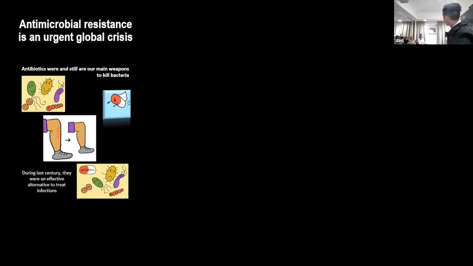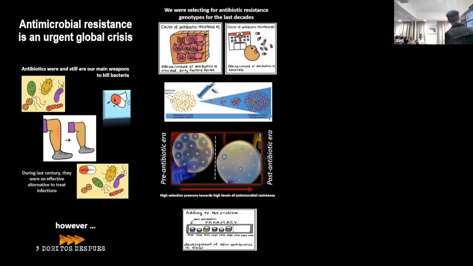However, we abused the use of antibiotics, using them even as growth promoters and over-prescribing them in hospitals. So basically, these highly toxic molecules impose a strong selection pressure on bacterial populations.